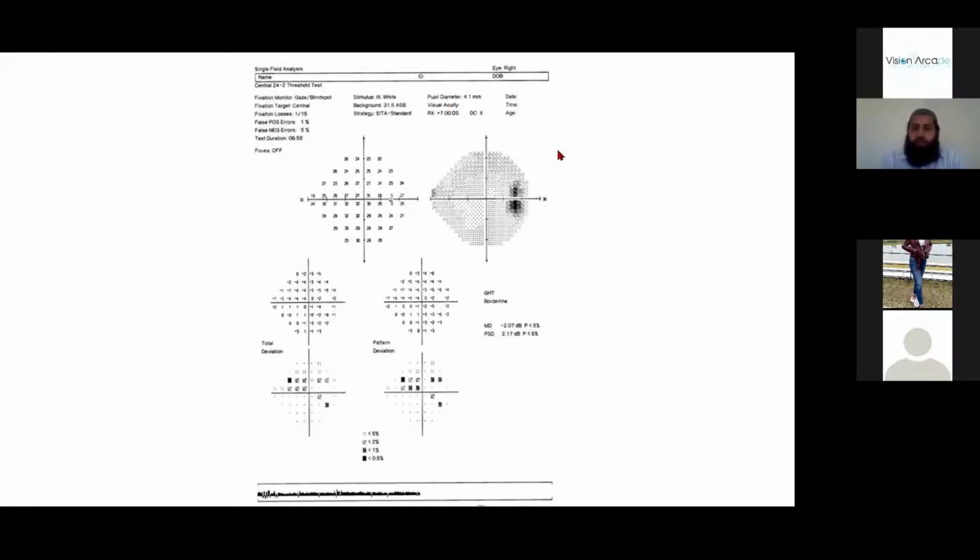I can see what was done. The right eye was done, and then in the middle circle, you can see the strategy that was used was SITA Standard, and the test that was performed is 24-2. That's the field of view that the patient was tested in, and it was a threshold test. Central 24 degrees of the field was tested.